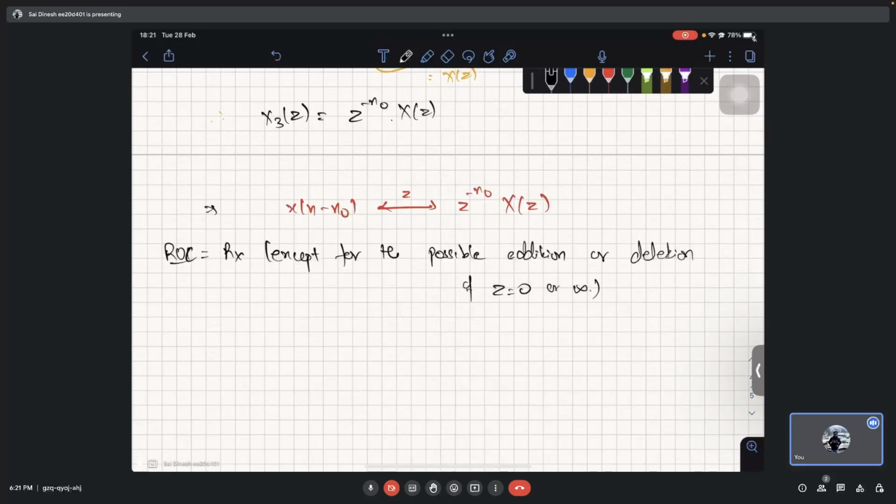So the ROC actually does not change much, except that there might be an addition or deletion of the poles and zeros at z equal to 0 and infinity. Right, so okay, I'll just talk about all the properties first, and then maybe we'll talk about the examples.